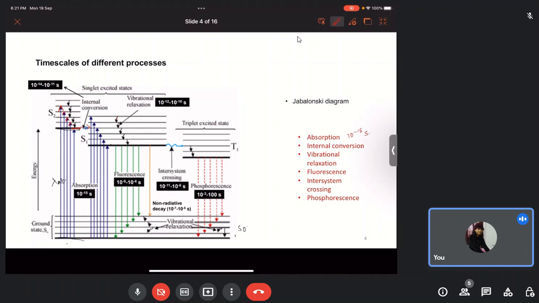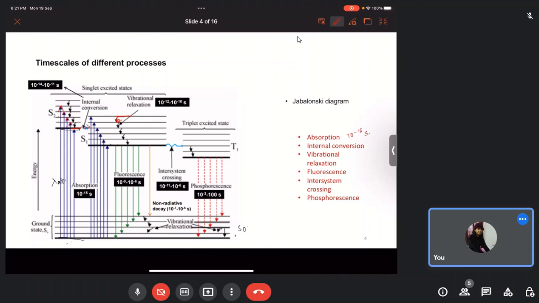Vibrational relaxation is the relaxation of an electron from a higher vibrational energy level to a lower vibrational energy level. Here this arrow denotes the relaxation of an electron from the fifth vibrational level to the fourth vibrational level of the S1 electronic state.